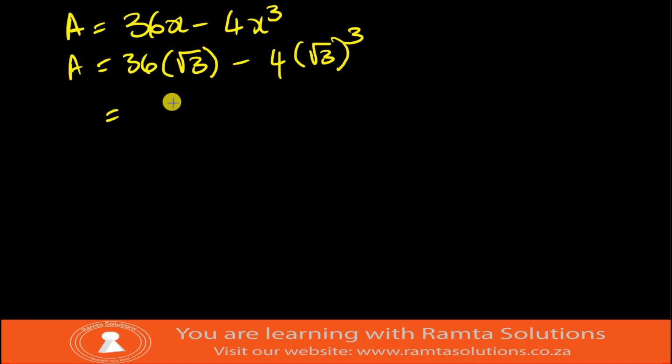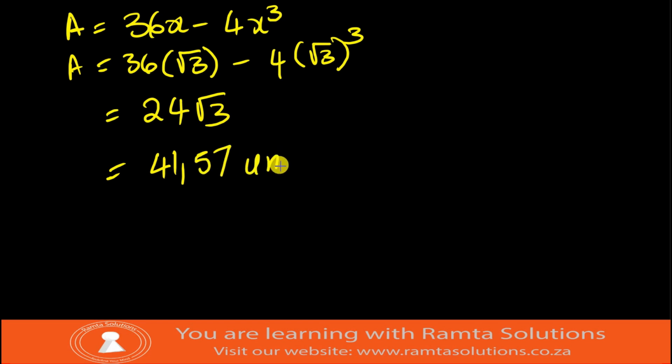So that is 24 root 3, which is basically 41.57 unit squared.